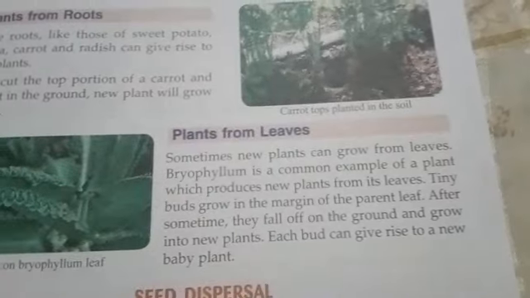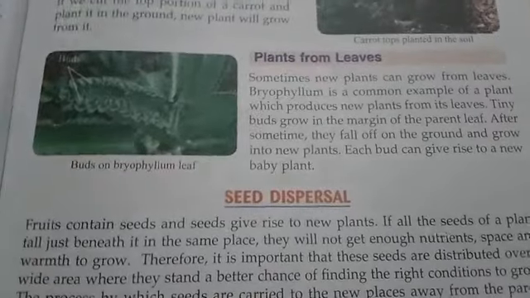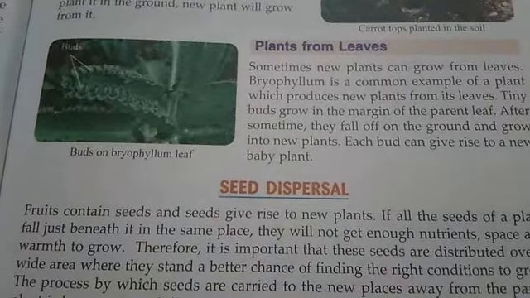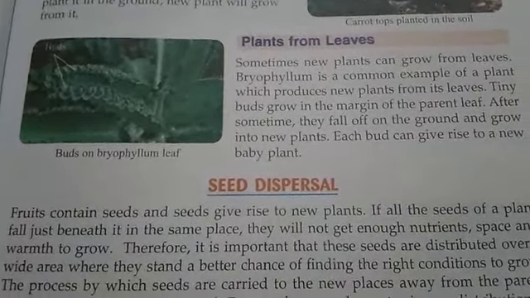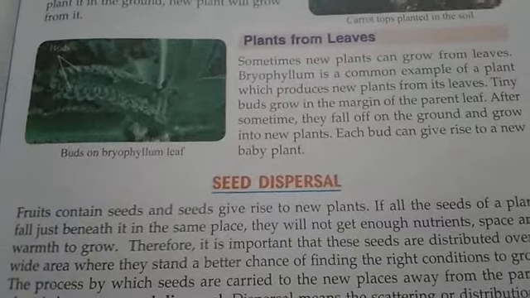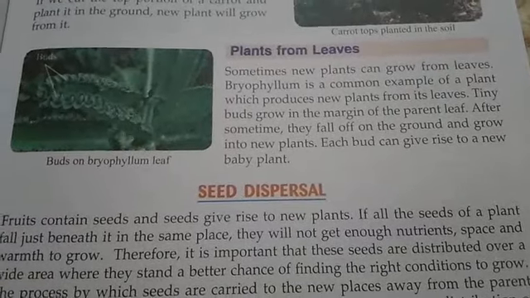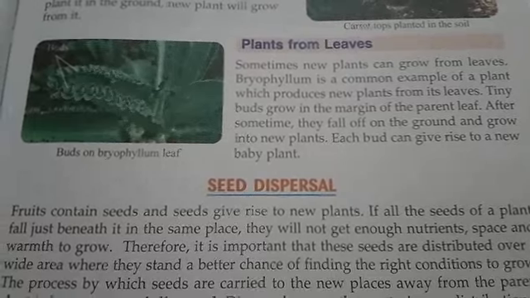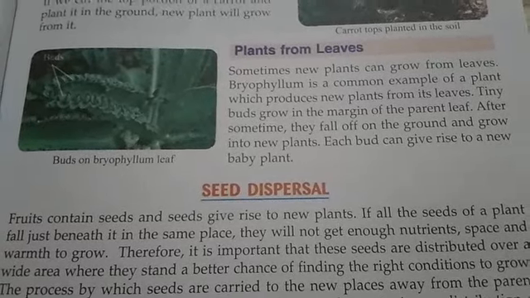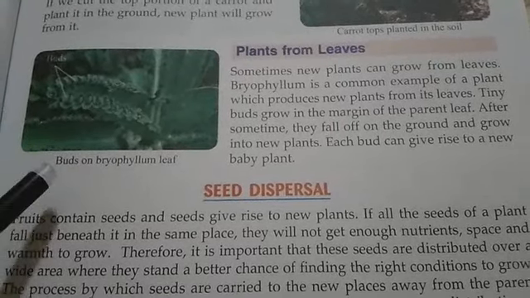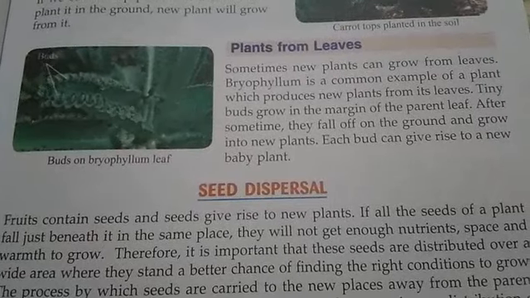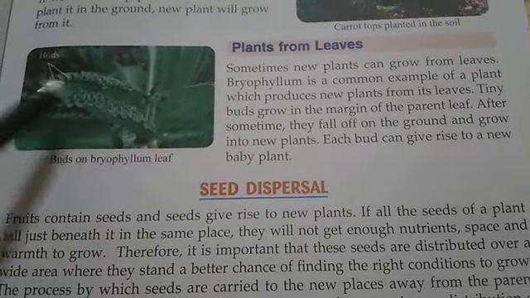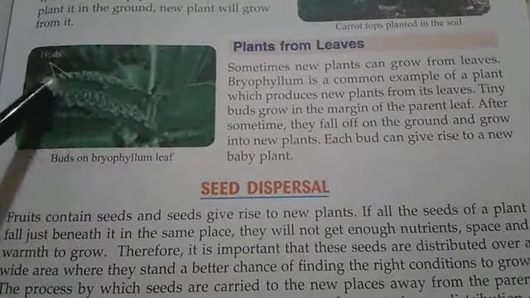Now, plants from leaves. Sometimes new plants can grow from leaves. Bryophyllum is a common example of a plant which produces new plants from its leaves. You can see in this picture buds on a bryophyllum leaf, and how the buds are formed.